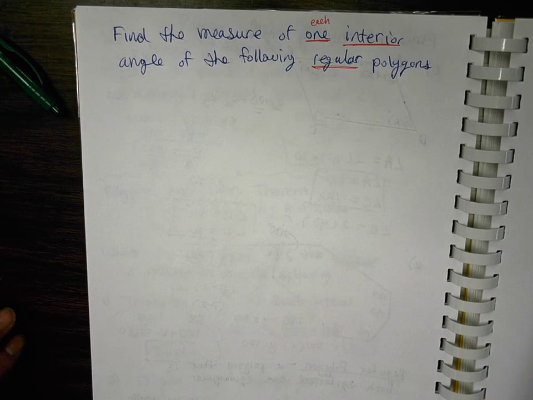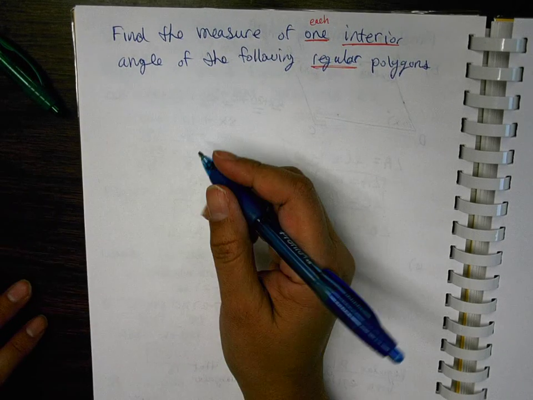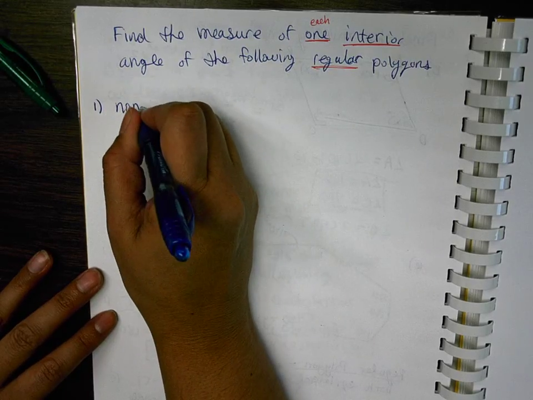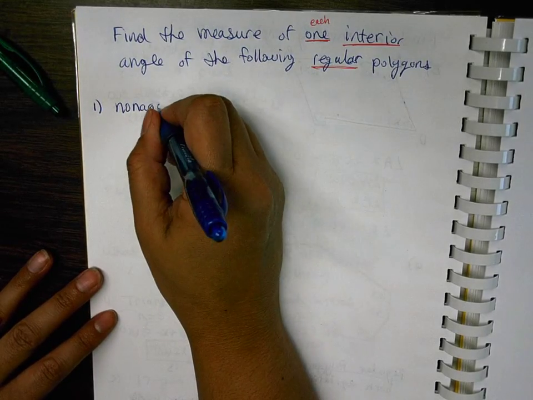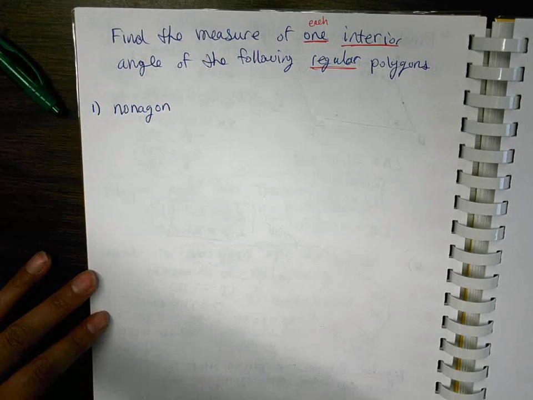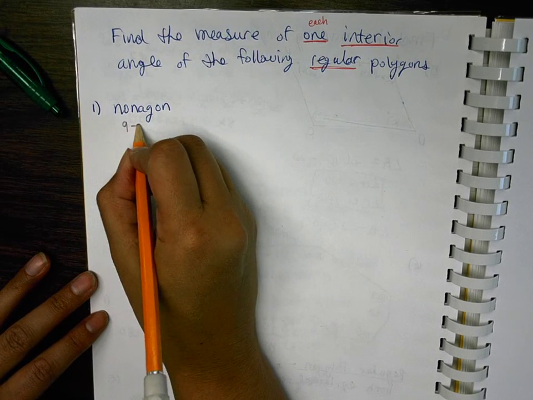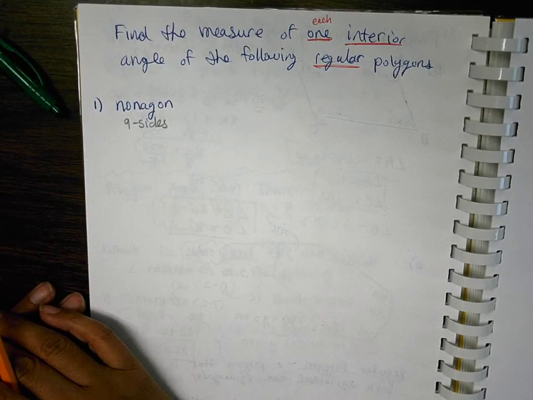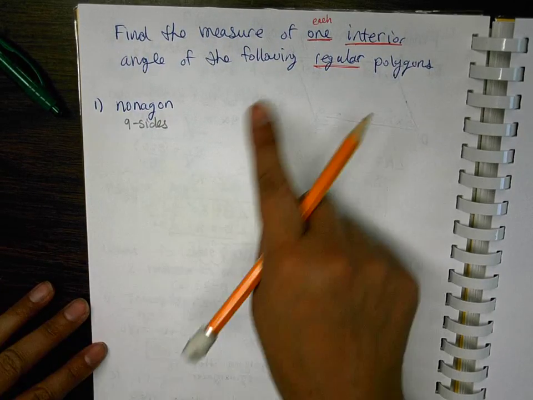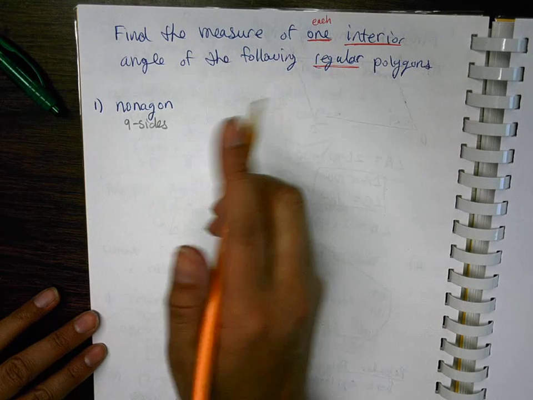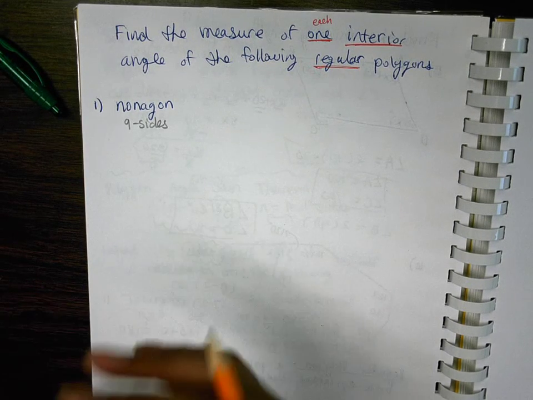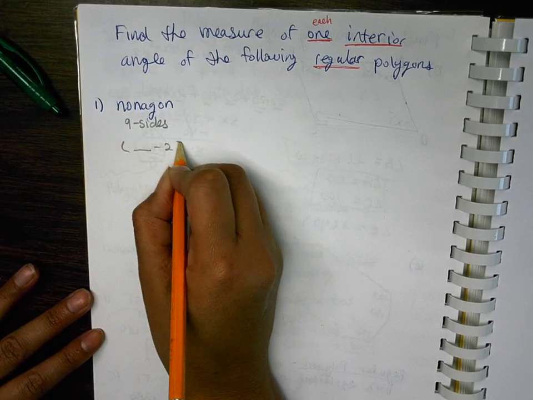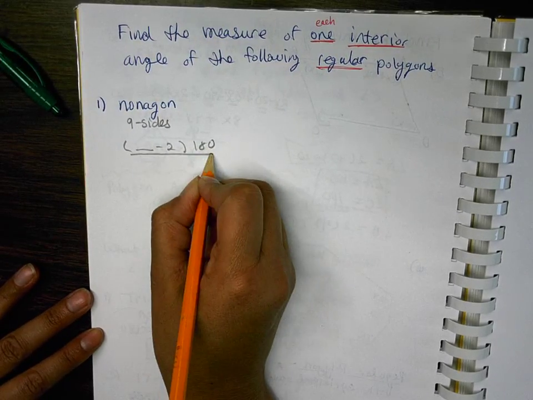Okay, number 1, a nonagon. Now, typically, I would let you guys look it up, but we are running out of time. Is it 9? It is 9. Good job. 9 sides. So, do we use the n minus 2 times 180 formula if we're looking for one angle, or the n minus 2 times 180 divided by n? So we do n minus 2 times 180 divided by n.